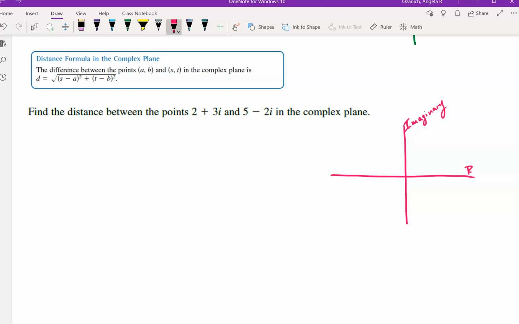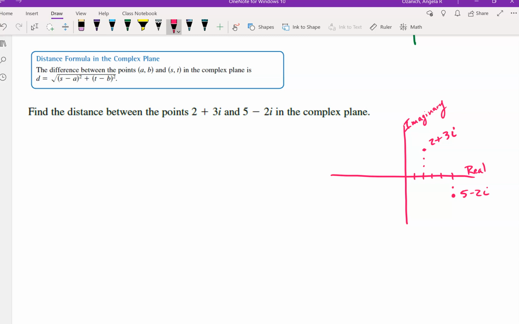So here's your imaginary axis, here's your real axis. We'll go ahead and plot these: 1, 2, and 1, 2. There's your 2 plus 3i. And let's see, 5 and negative 2: 1, 2, 3, 4, 5, and negative 2i. So 5 minus 2i is my point right here.